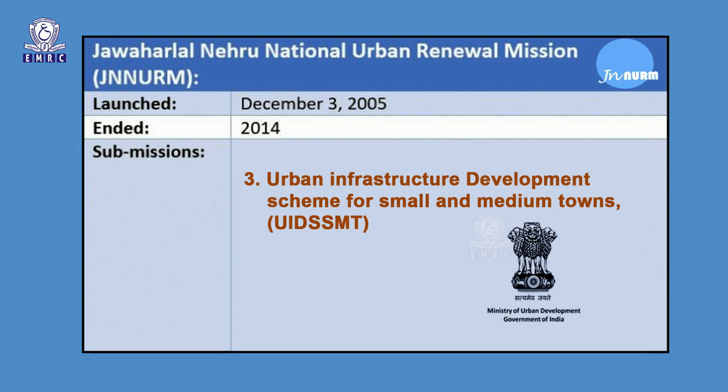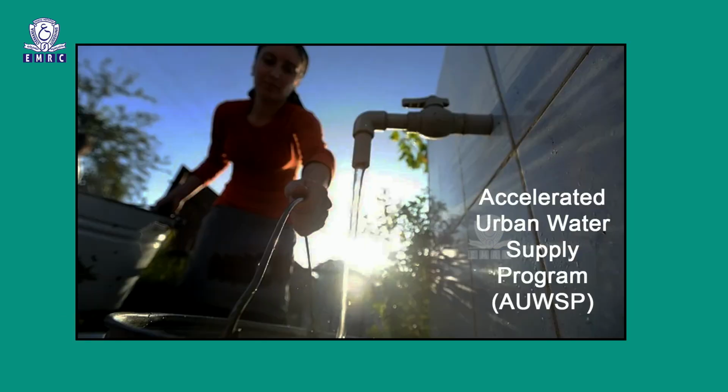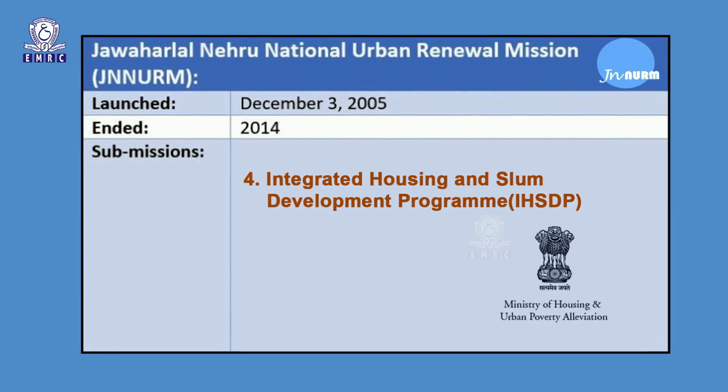3. Urban infrastructure development scheme for small and medium towns, administered by the Ministry of Urban Development, with a focus on subsuming the schemes of integrated development of small and medium towns and accelerated urban water supply program, which aim at planned urban infrastructural improvement in towns and cities under its purview. 4.